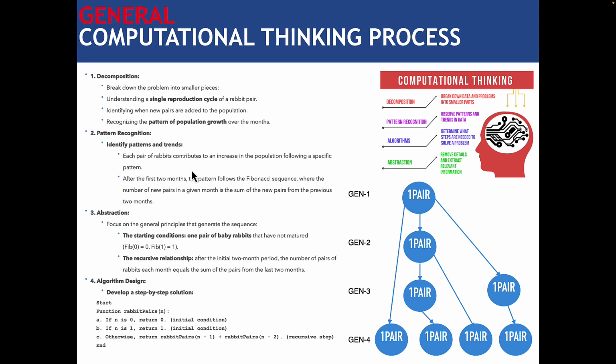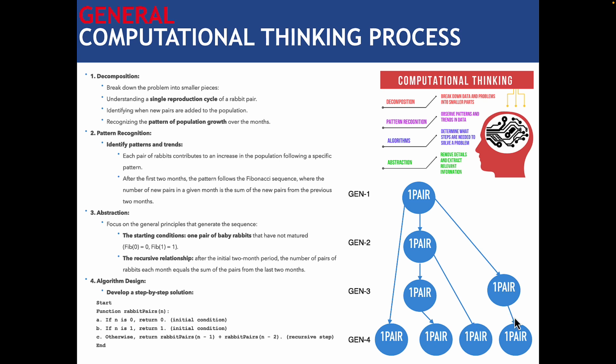Each pair of rabbits contributes to an increase of population following a specific pattern, which is this one. After the first pattern, the number of new pairs is the sum of the new pairs from the previous 2 months. The number of pairs here is the sum of the previous 2 months.